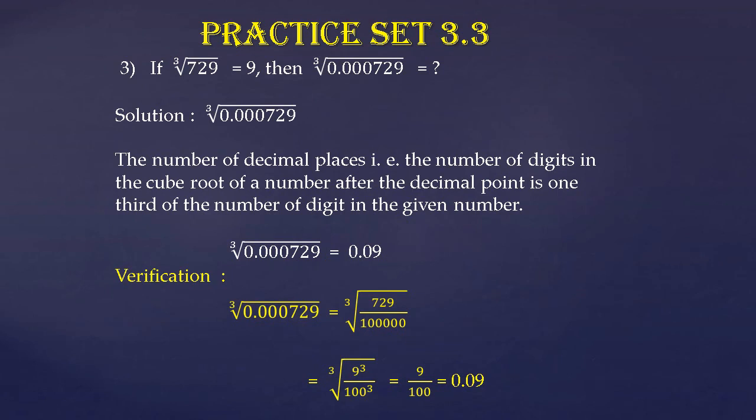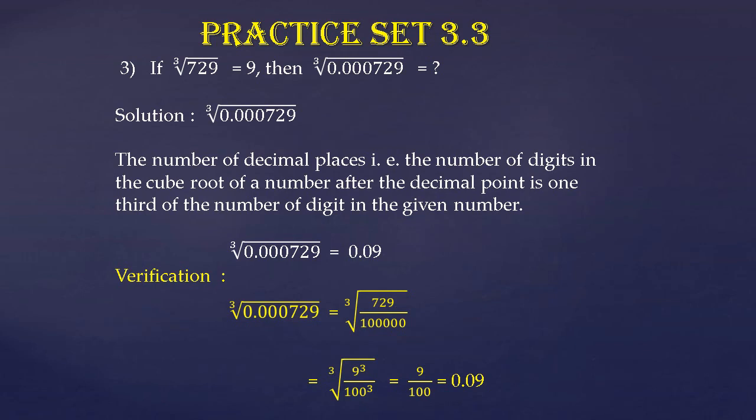Question number 3. If cube root of 729 is equal to 9, then what will be the cube root of 0.000729? How will you solve this question without actually factorizing the number? Now, look at the decimal places in 0.000729. There are 6 digits after the decimal point.